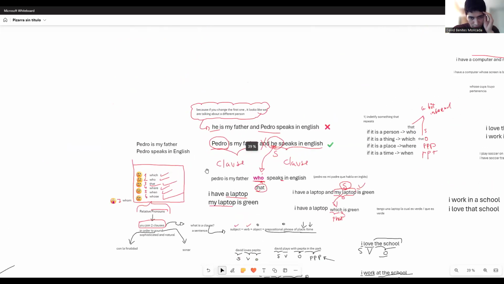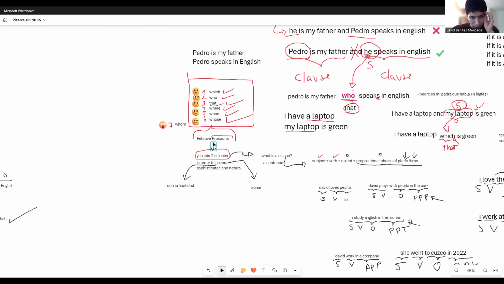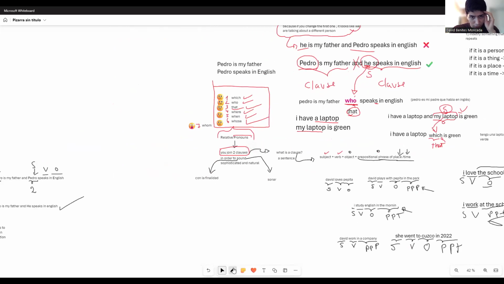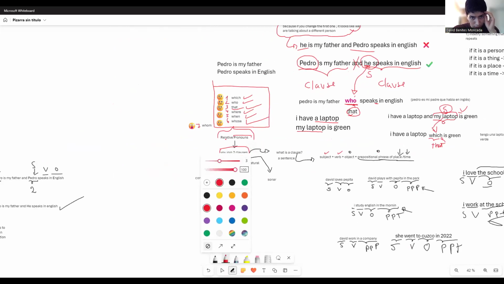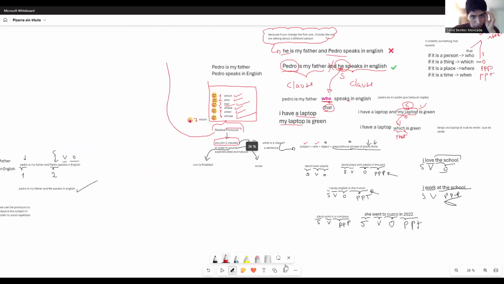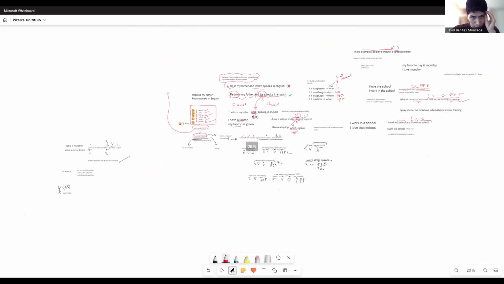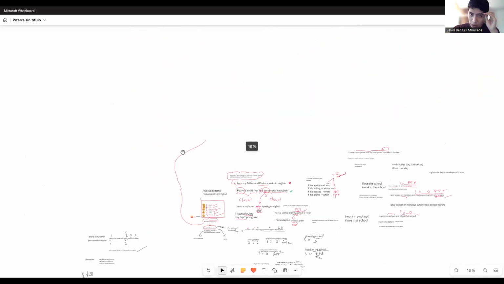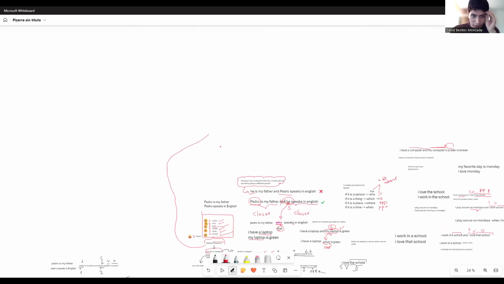Okay, focus on this part. So this is relative pronouns, right? It says relative pronouns can be divided into two groups.